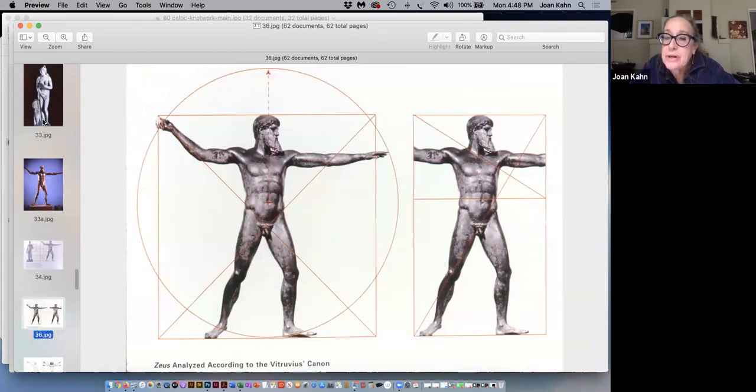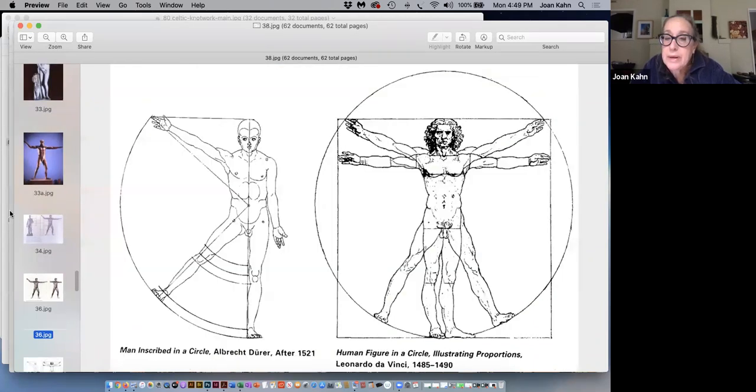So both of those artists were extremely interested in using the human figure as important in proportion and designing for our use. This is a man inscribed in a circle. It's very famous. Vitruvius, who was an art historian, who wrote about Leonardo da Vinci and Albrecht Dürer and the Renaissance artists, also wrote about this diagram by Leonardo.